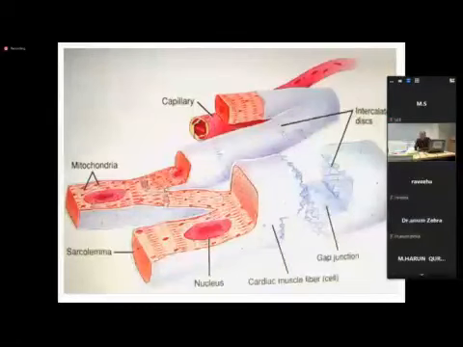By the term striated, it means they have alternate dark and light bands, consisting of actin myosin filaments. The difference is that the cardiac muscle is involuntary and therefore under the control of the autonomic nervous system, while the skeletal muscle is voluntary and therefore under the control of the central nervous system.